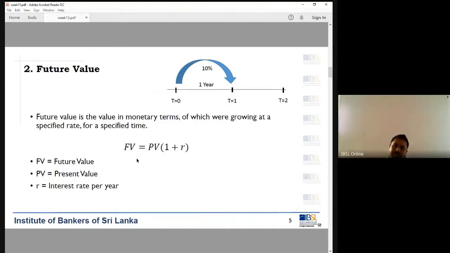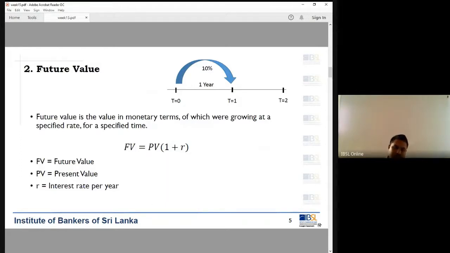If I simplify that in terms, FV stands for future value, PV stands for present value, and R stands for the interest for the particular time period. We can always say the future value that we are going to observe after the time period is going to be the summation of present value, that is the current value, plus the interest as a percentage that you are going to get to compensate for what you are losing right now.